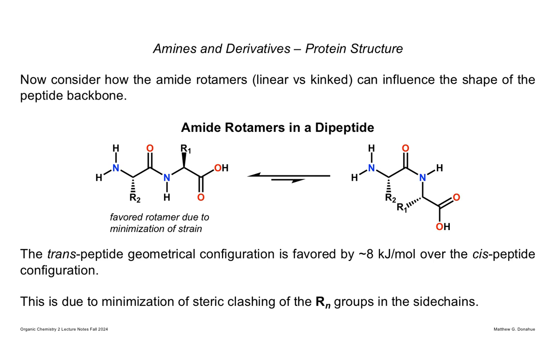So in a dipeptide, notice the disposition of the side chains here. On the left structure, when everything is sort of zigzag, you have R1 and R2 on opposite faces of that plane. If you were to rotate around the sigma bond, now R1 and R2 are in the same plane, and that's a steric clash.